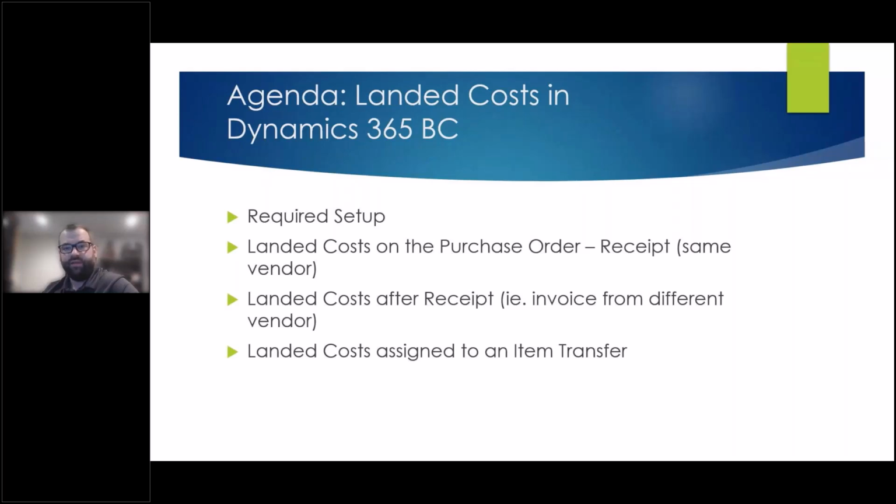We'll look at landed cost after those goods have been received. What would that look like? That's where you make it an invoice from a different vendor and associate those costs to the inventory. And then the last one we're going to look at is what it looks like to do it on an item transfer. So in each of these areas, we have the ability to add costs to our items and capture those in our inventory.